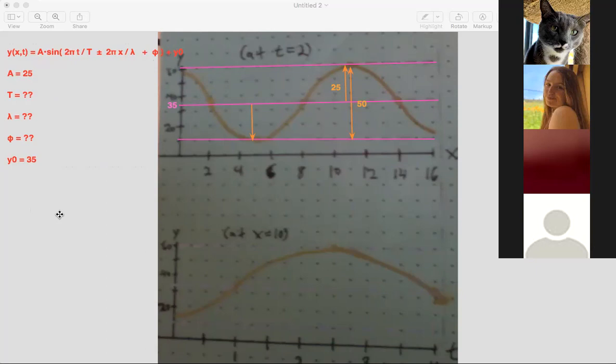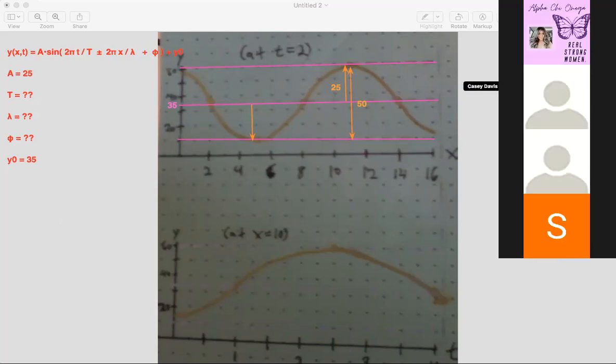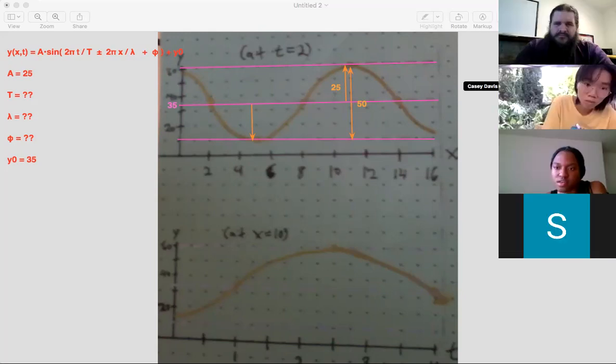Any other questions on that so far? Yeah, I think I've realized. So if the graph had crossed the equilibrium point, let's say the values were 60 and negative 10, would it then be okay to add the two and divide it?